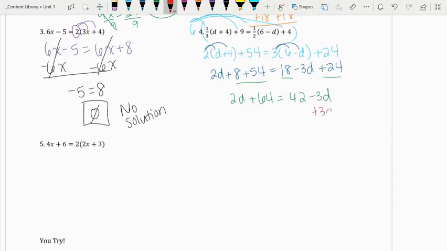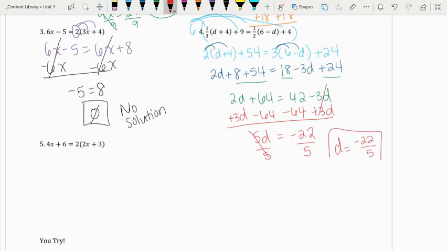If I add 3D to the other side, I get 5D. Oh, that would be 54. 5D. And I'm going to go ahead and subtract 64 at the same time, which would end up giving me negative 22. Divide by 5, and D equals negative 22 over 5.